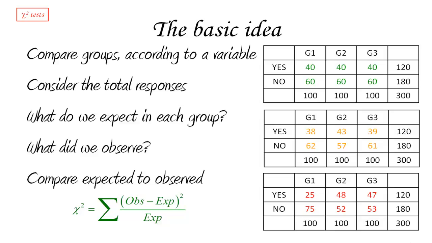So notice again that when those differences are large, then the chi-square number is going to be large, and so that will mean that we saw something quite different from what we expected. So probably the p-value is going to be low, and we may end up rejecting the null hypothesis. If, on the other hand, those differences are small, then the chi-squared number is going to be small, and that will lead to a large p-value. And that's basically the idea. You can go through it again if you want to, but don't worry too much about that.